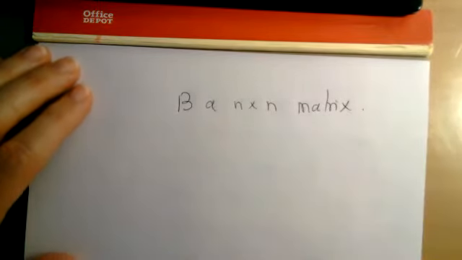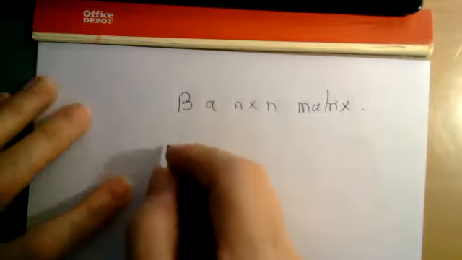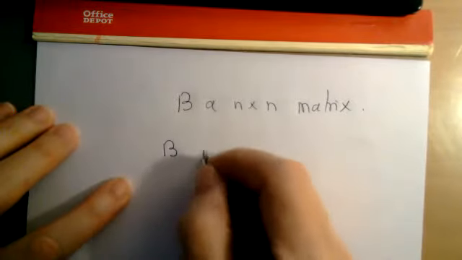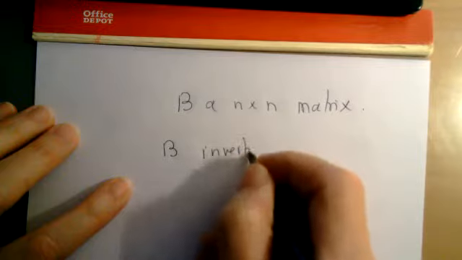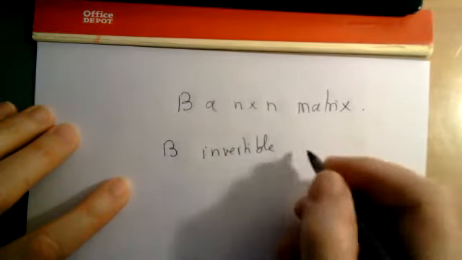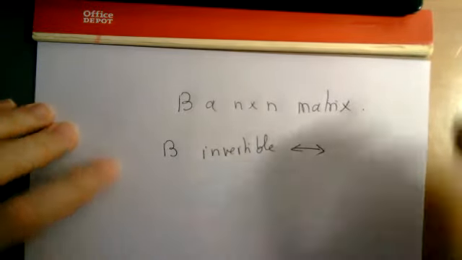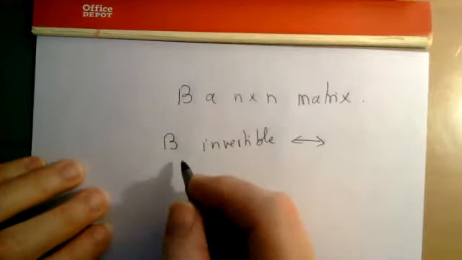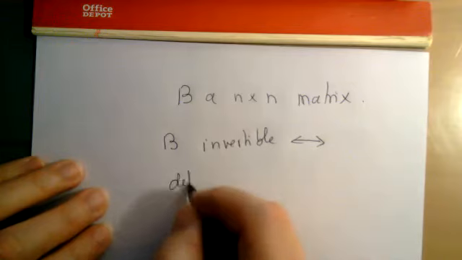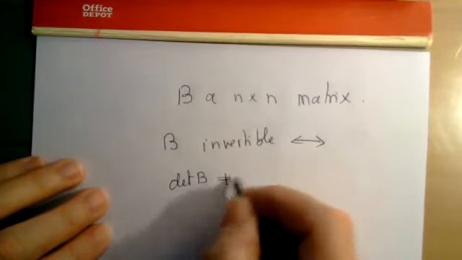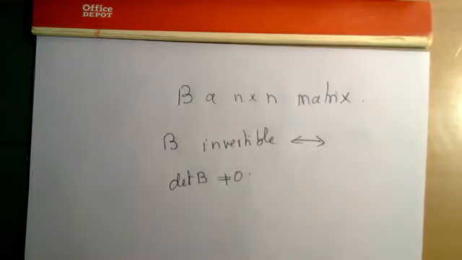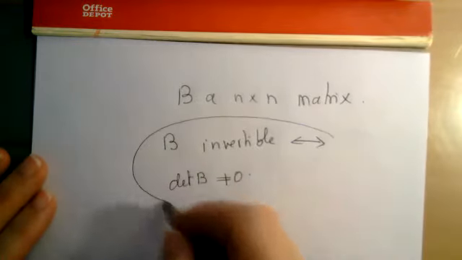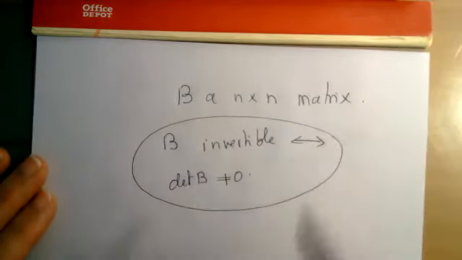The matrix B, whatever you want to call it, is invertible if and only if its determinant is different from 0. That's the important fact that we established.